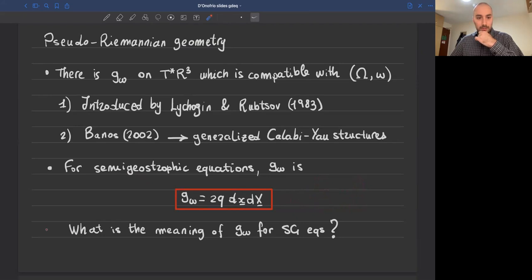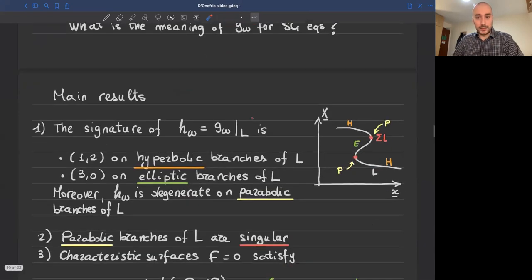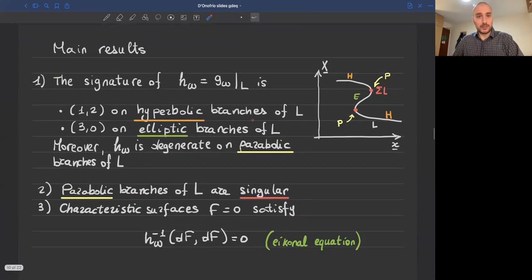Now, the main question for my PhD project is, what is the meaning of this G omega for semigeostrophic equations? And in this next slide, I'm going to show you our results obtained so far in this direction.